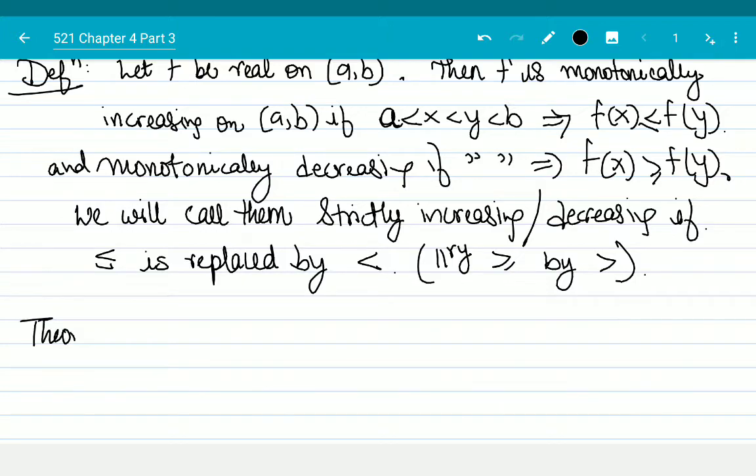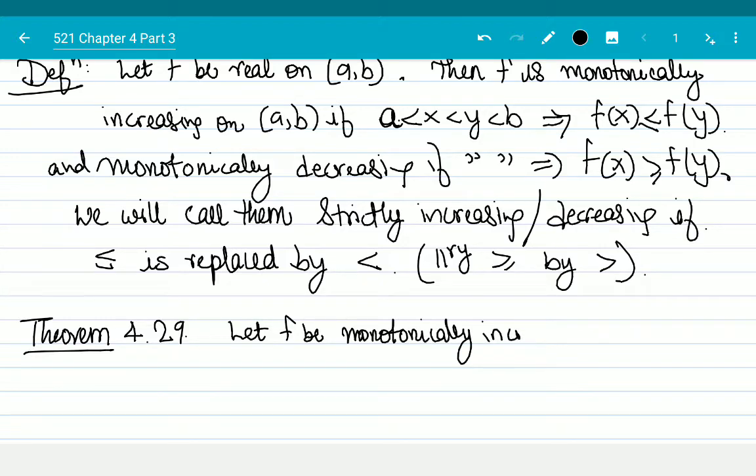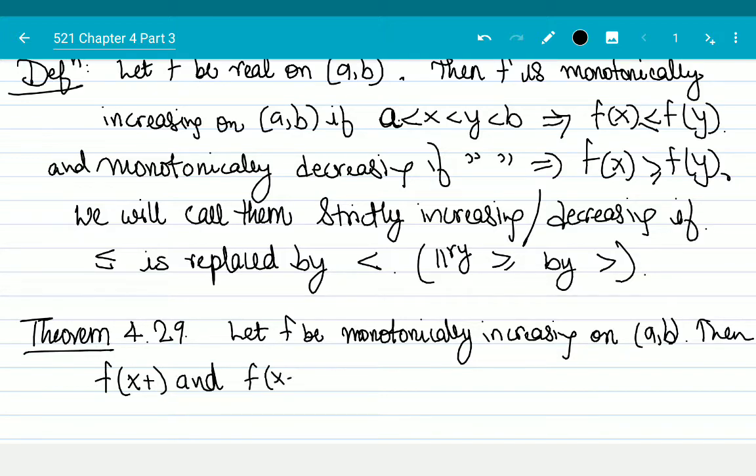Theorem 4.29. Let f be a monotonically increasing function on a, b. Then f of x plus and f of x minus exist for every x belonging to a, b.